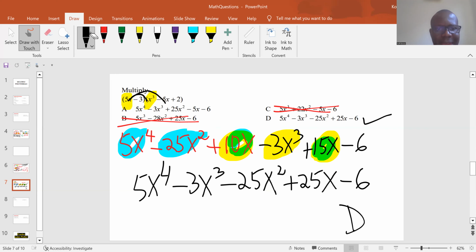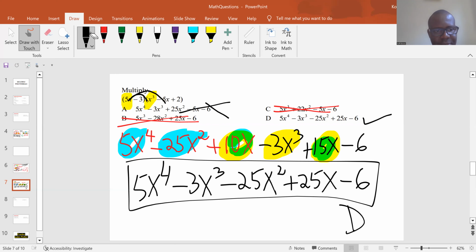So A cannot be the correct choice. And you will see that the expression with x squared is only negative 25x squared. So even if I don't finish all the problems, I know that A is out, B is out, C is out. So therefore, D will be the correct choice.